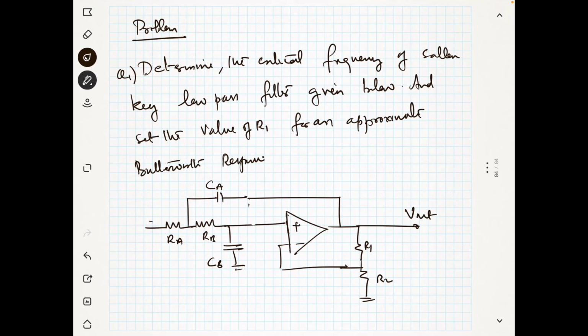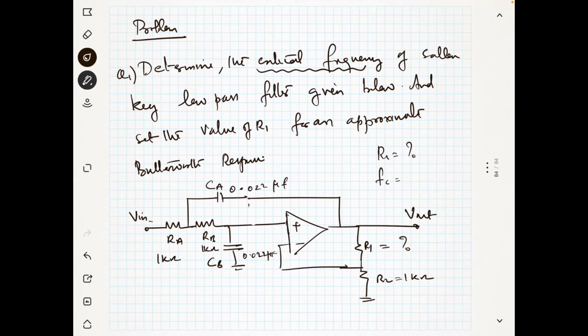This is V in. RA is 1 kilo ohm, RB is also 1 kilo ohm, CA is 0.022 microfarad, CB is also 0.022 microfarad. R1 is not given, but R2 is 1 kilo ohm. Now you have to find the critical frequency and the value of R1.